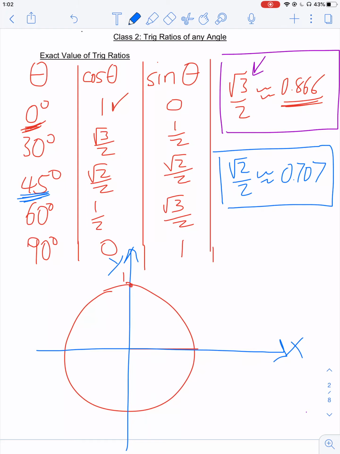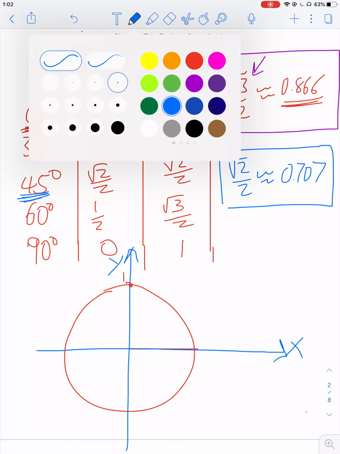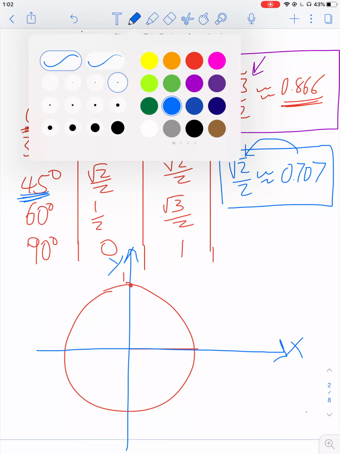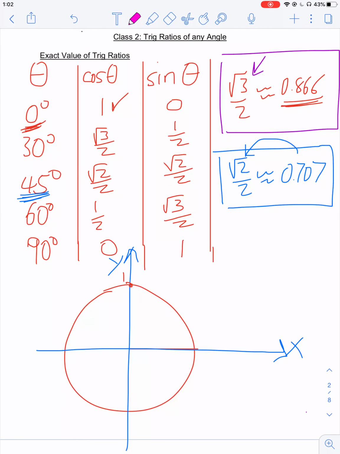When they are asking you to find exact values, the best way to do a question like that is to just use your calculator. If you get 0.707 as your answer, then you should know that's just square root of 2 over 2, okay? And the other numbers are nice. What do I mean by that? There's five possibilities. You're either going to get 1, or half, or 0.